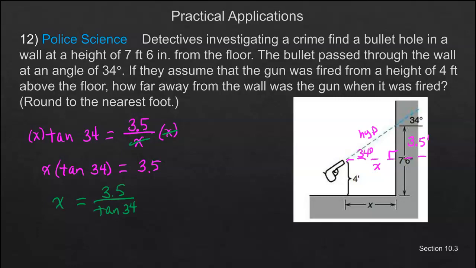And then when we round this, we're going to round it to a whole number just like the 4 was, right to the nearest foot. It says round to the nearest foot. And that is going to be approximately 5 feet. So they were standing, holding the gun 5 feet from the wall.